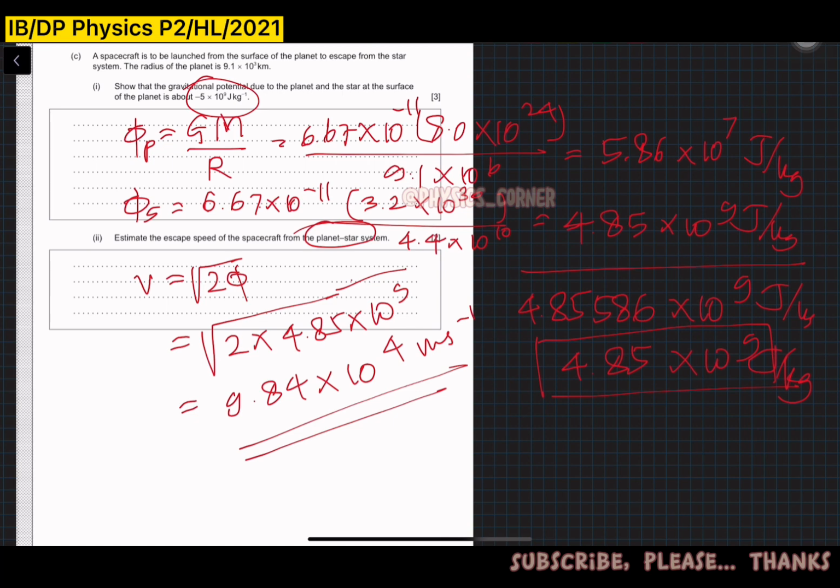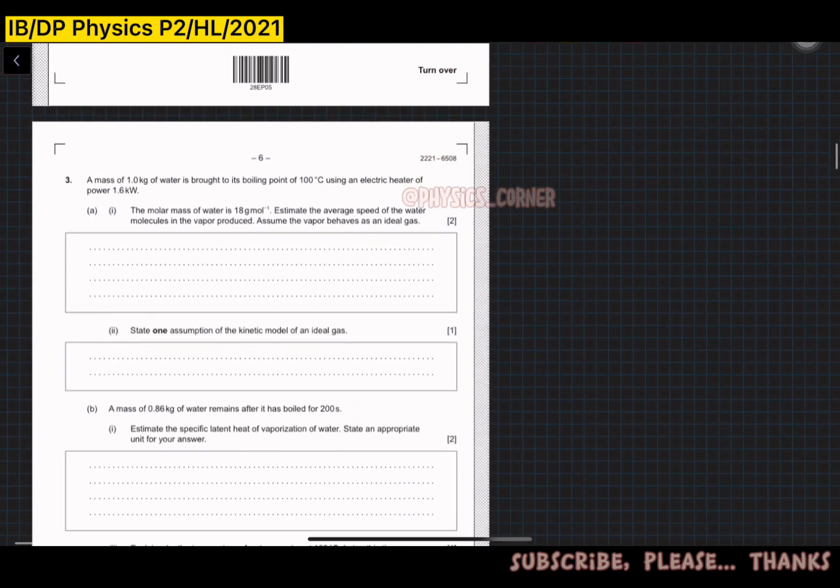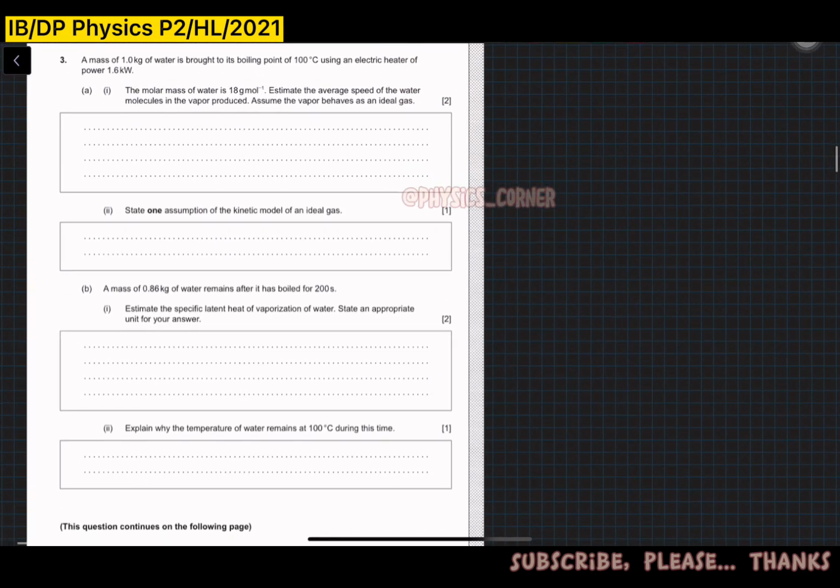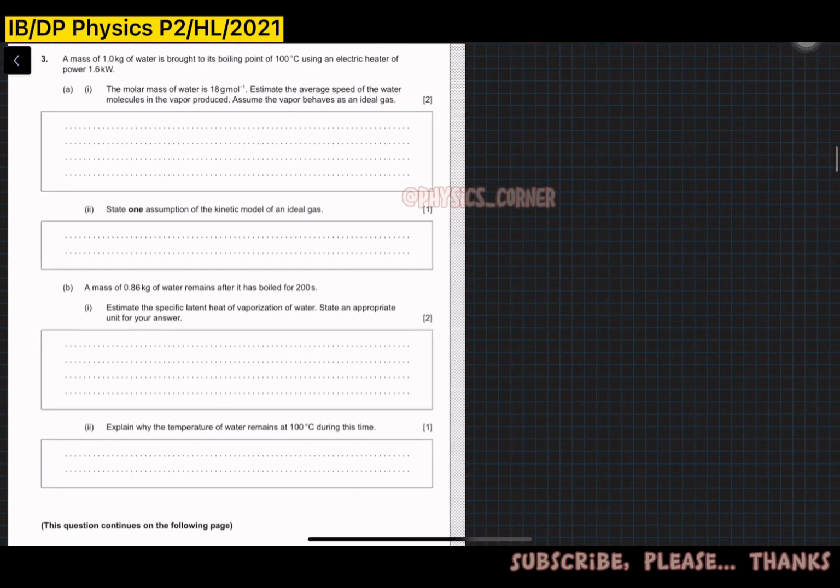Let's continue to the next number. A mass of water 1 kilogram is brought to its boiling point of 100 degrees Celsius using an electric heater of 1.6 kilowatt.